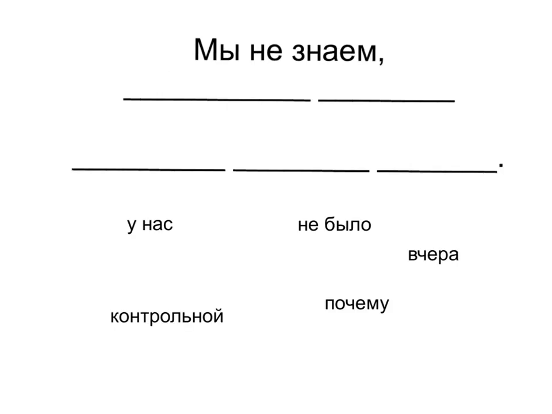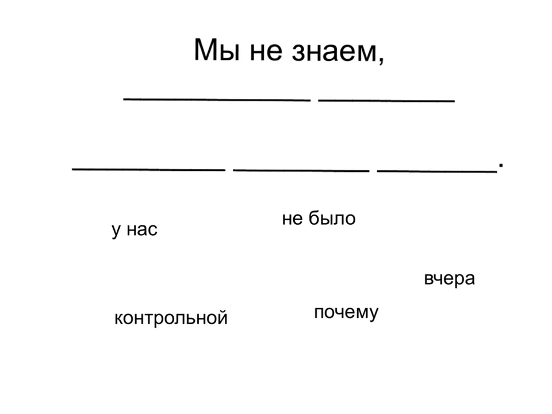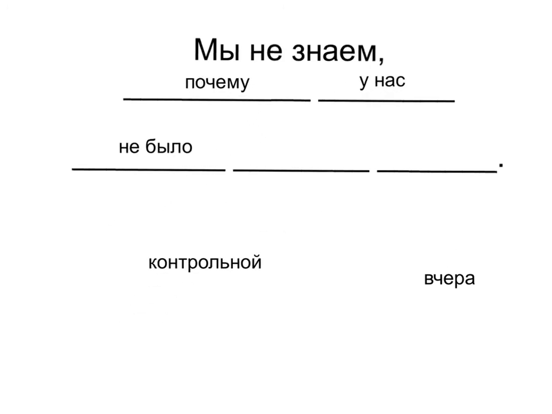Here's another one like that. Try this one. A question with a question word. We didn't have a test, why, yesterday. So why didn't we have a test yesterday? What's our question word? It's почему. So мы не знаем, почему у нас не было контрольной вчера.